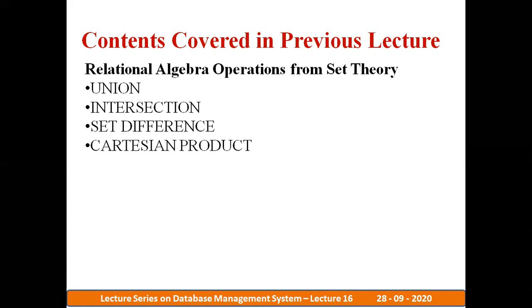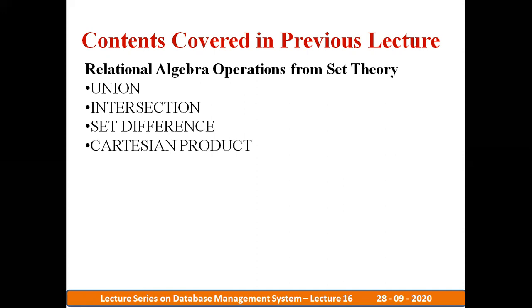In the case of set difference, we keep the tuples which are unique to relation R. If it is R minus S, then we keep the tuples which are only in R, and we remove the tuples which are in both R and S. Remember, union and intersection are both commutative as well as associative, whereas set difference is not commutative. This is a property you should remember.